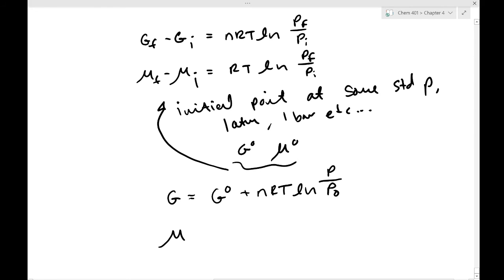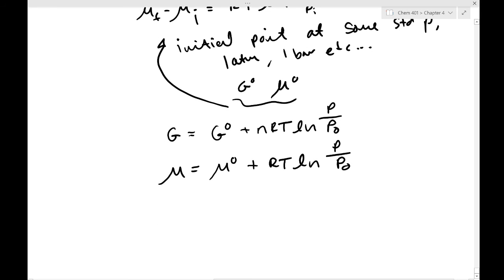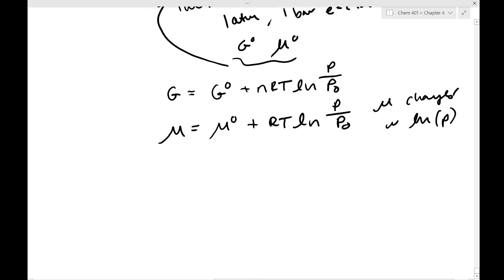And we can rewrite the chemical potential as mu equals mu naught plus RT times the natural log of P over P naught. So we see from this that mu changes with the natural log of P essentially. That's how mu changes.